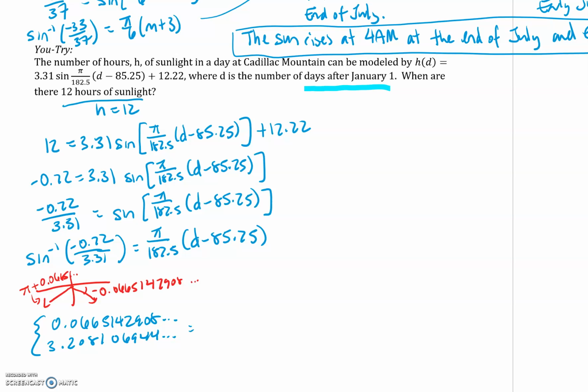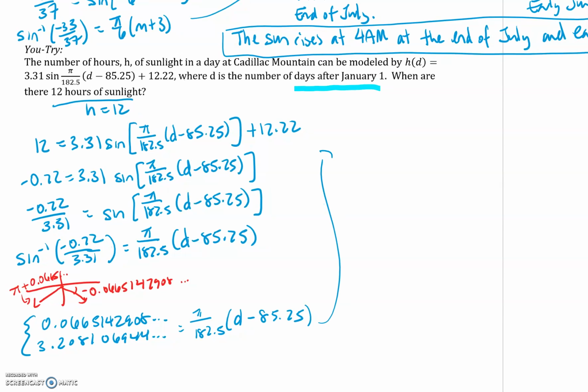So that's going to equal pi over 182.5 times d minus 85.25. And then we can split that up into two different equations and solve just like before. So let me go ahead and show you those solutions.